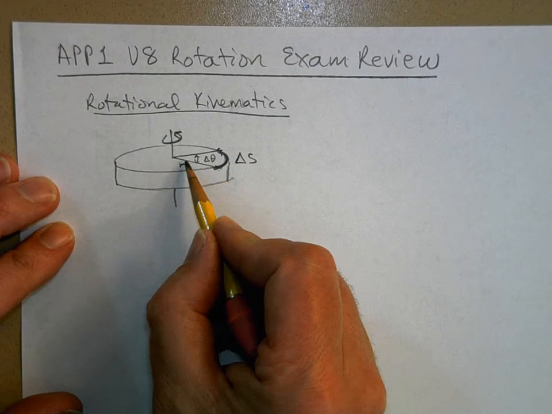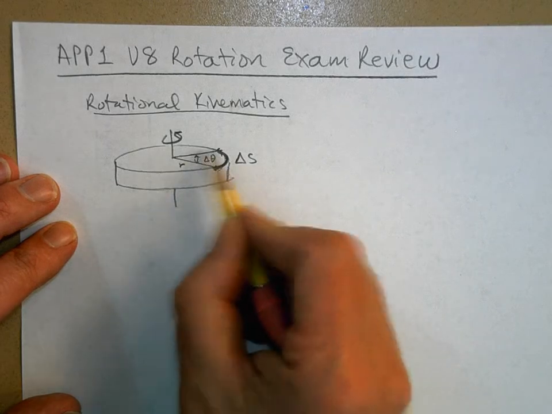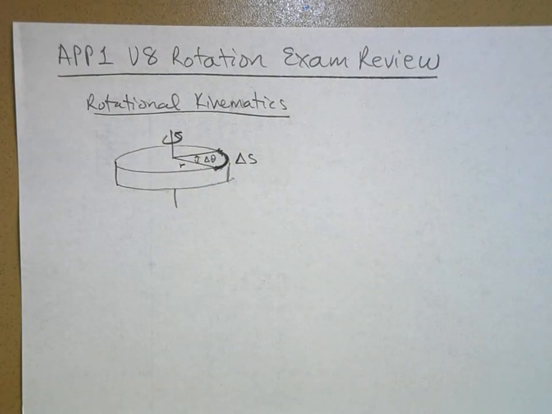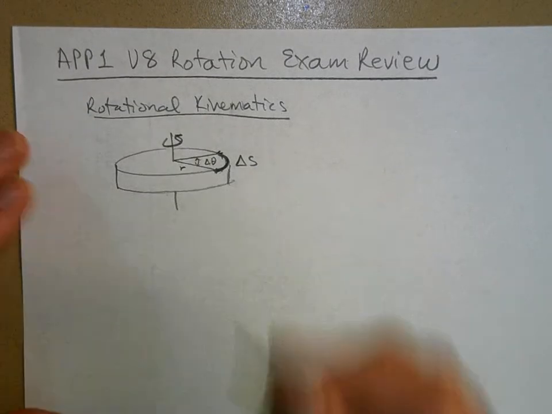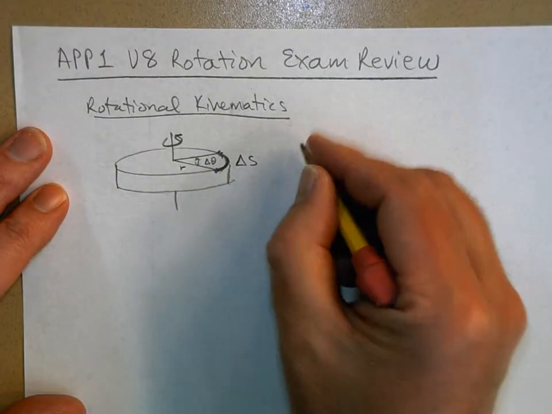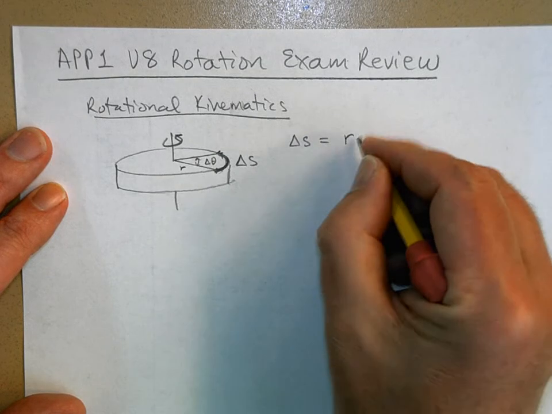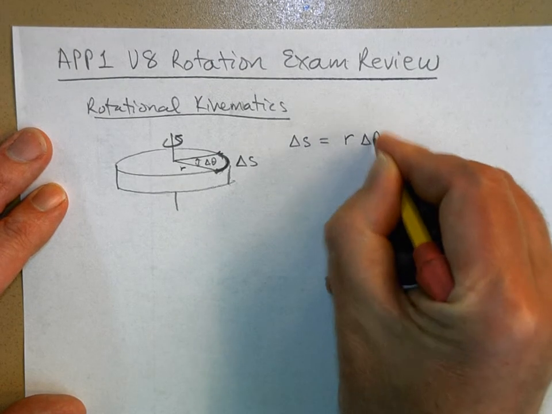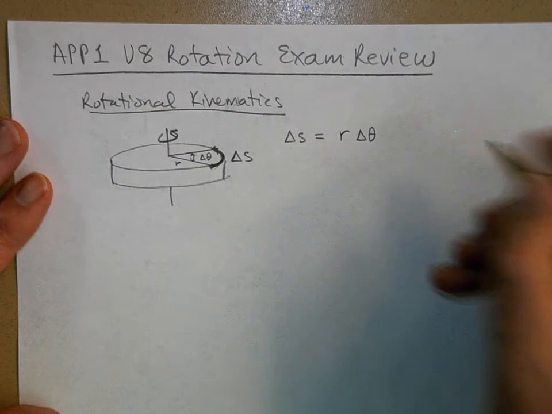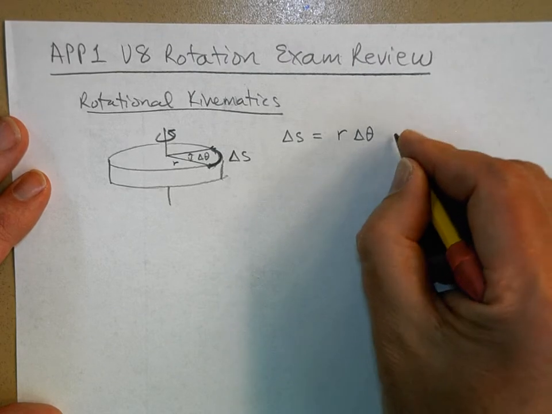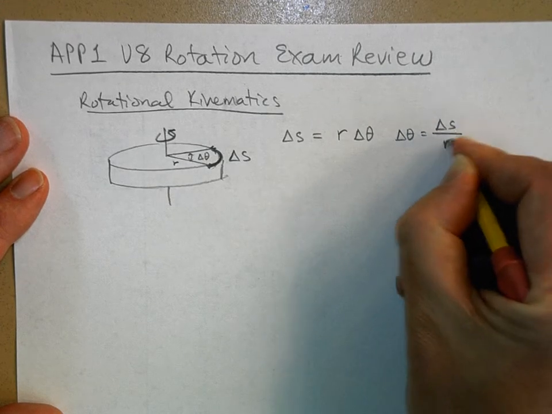And our object doesn't have to be all the way on the outside edge. It can be halfway in between. The arc can be smaller than the maximum radius of the object. But this is the arc length that object traveled through, and that arc length is equal to r times the change in angle. Now remember, this is how we defined an angle: delta theta equals the arc length divided by the radius.